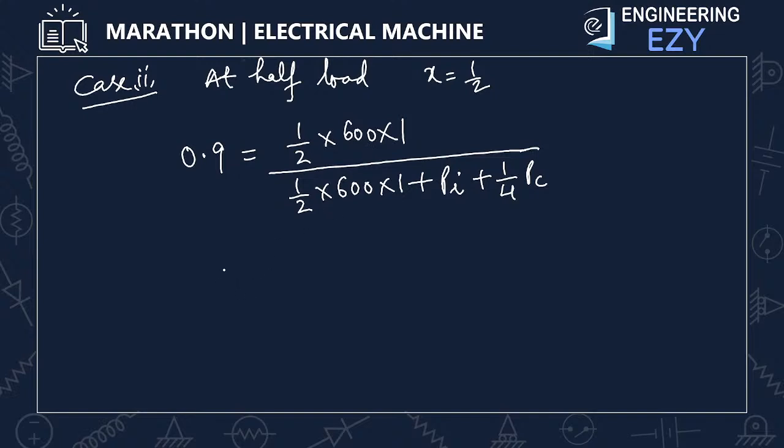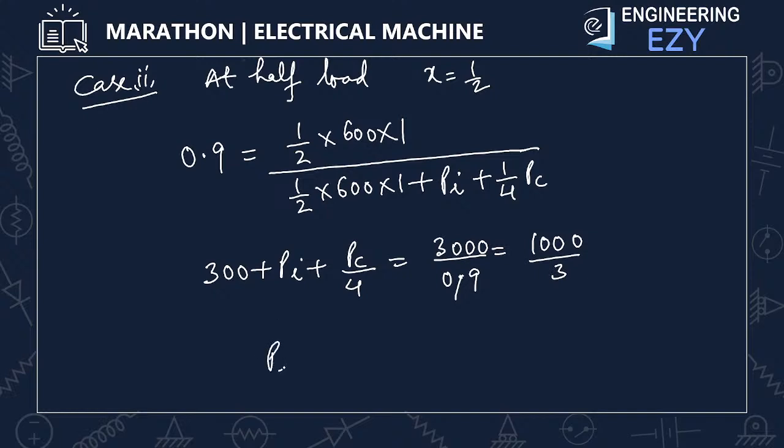Now if I solve, I am getting 300 plus Pi plus Pc by 4 is equal to 300 divided by 0.9, which is 3000 upon 9 or 1000 by 3.